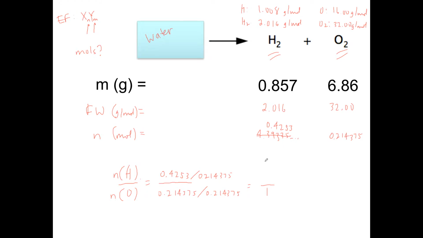So what is 0.425 divided by 0.214375? Comes out to 1.9839. Okay, can you see what this number is?